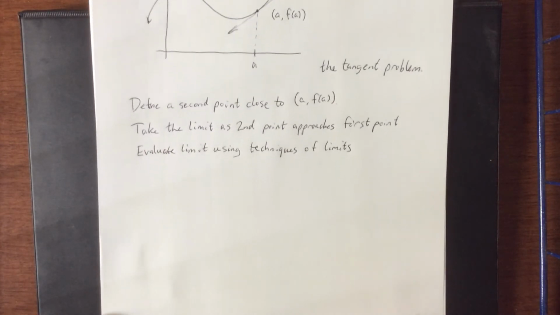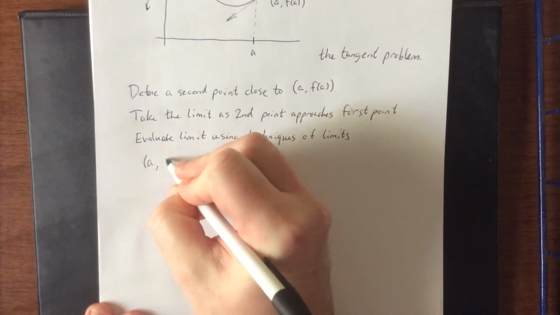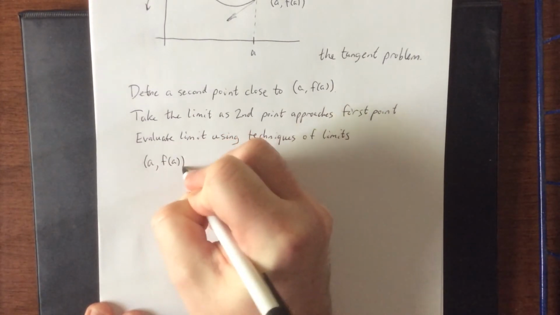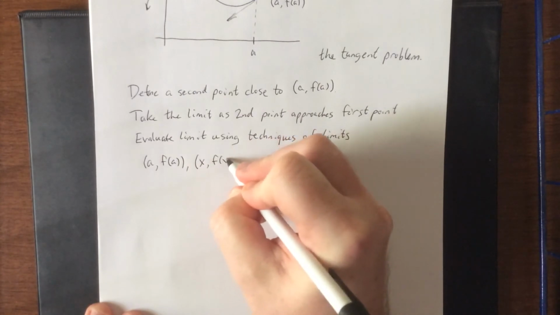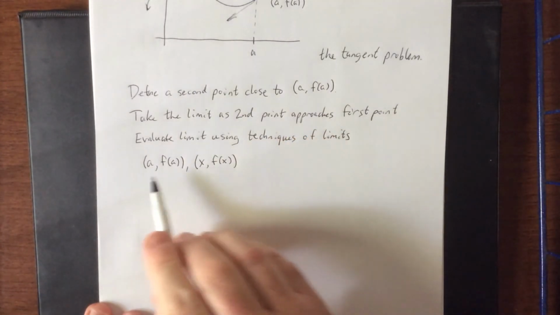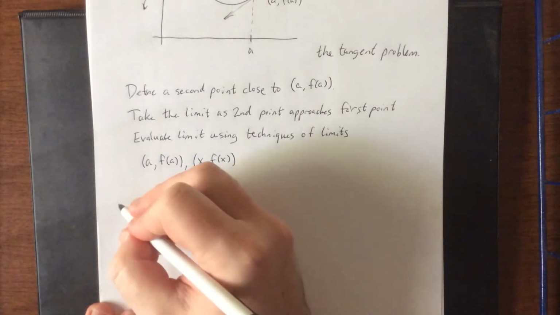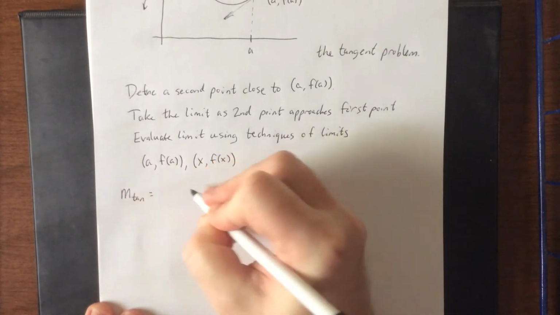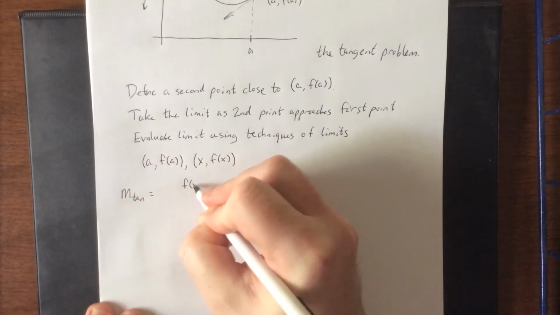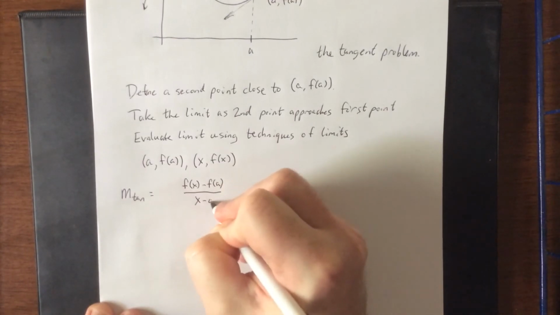Now, like we discussed back in an earlier section, there are two different ways that we can talk about how to define that second point. The first way is to define the second point in terms of your variable x, and just say that x is near a. In the event that you're doing that, your instantaneous rate of change, the slope of the tangent line, is going to be equal to the change in y over the change in x.